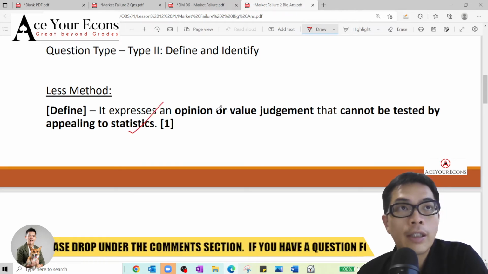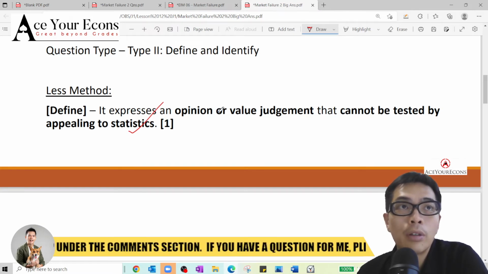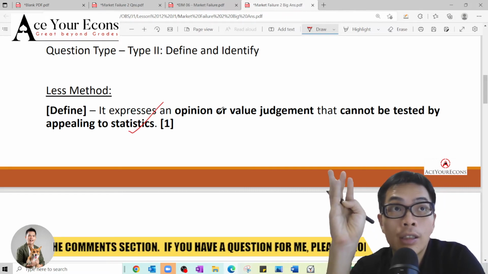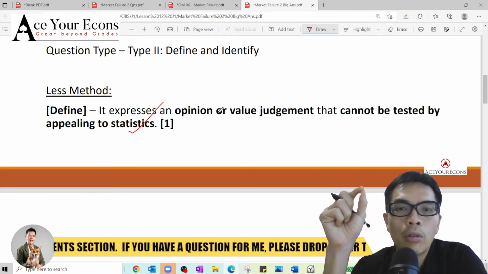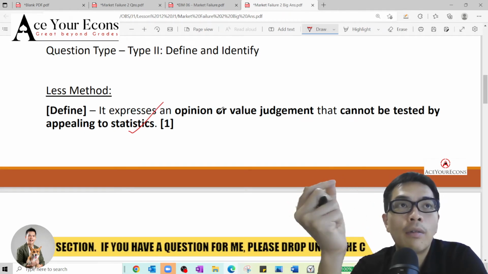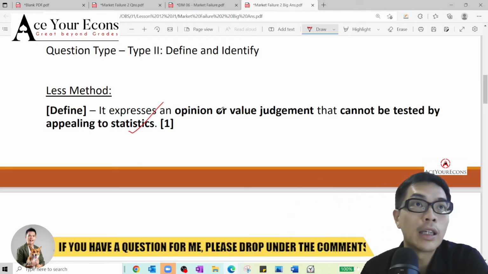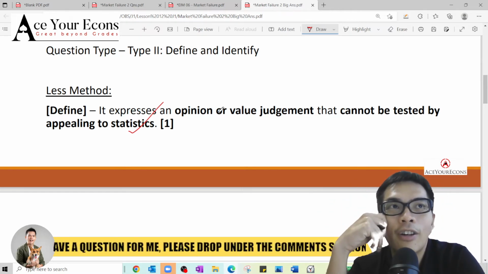So it is a value judgment or something really subjective. You are supposed to look out for key phrases that suggest it is a subjective judgment. Remember, in order to express an opinion, normally we should be looking out for the key phrase starting with S. What did I mention in the very first lesson with all of you?